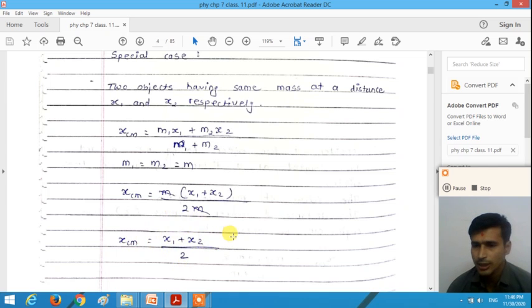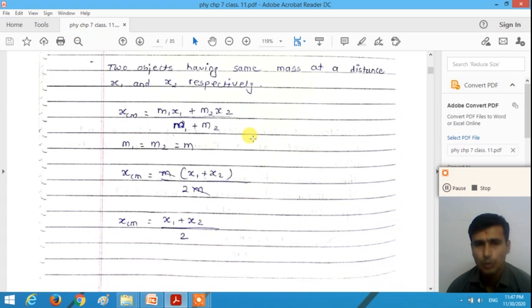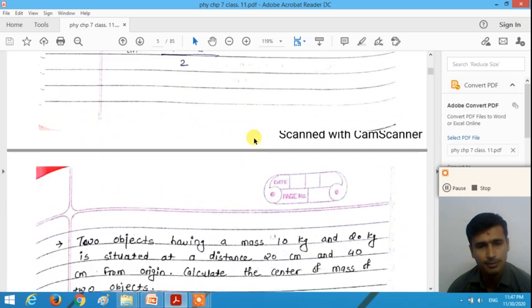So the location of the center of mass of two objects having the same mass is at x1 plus x2 divided by 2, which is the midpoint, right? So understand, dear student, how we can calculate the center of mass of two objects, the center of mass of a system of particles.